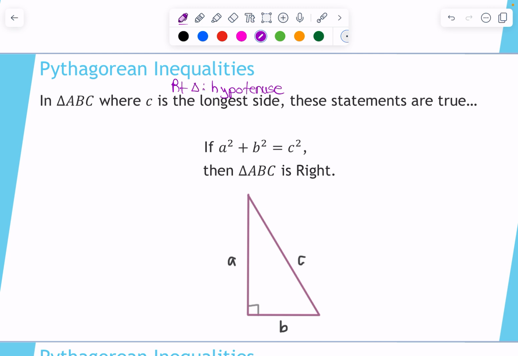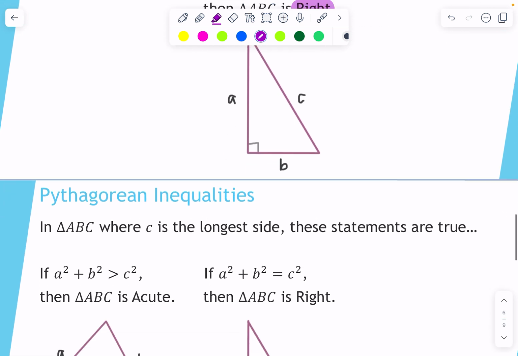These statements are going to be true. If a squared plus b squared equals c squared, then we know this triangle is a right triangle, because if it follows the Pythagorean theorem, then it has to be a right triangle.